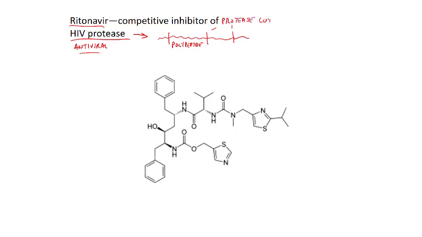So the substrate of the enzyme is a protein. And if you look at this molecule closely, you'll notice that it kind of looks like a protein molecule. What do we got right here? Oh, we've got a peptide bond. And then we've got a branch side chain.